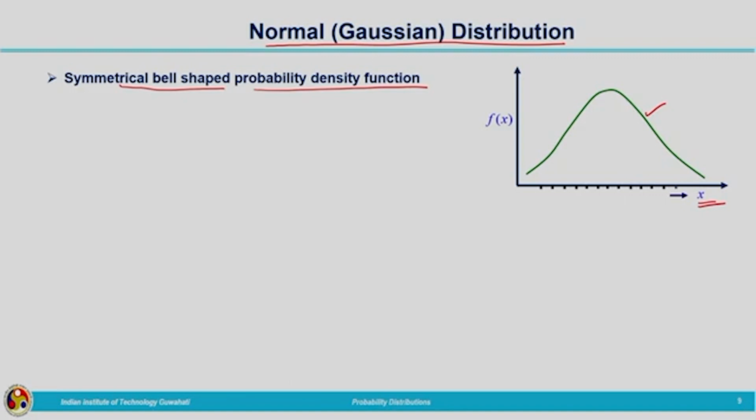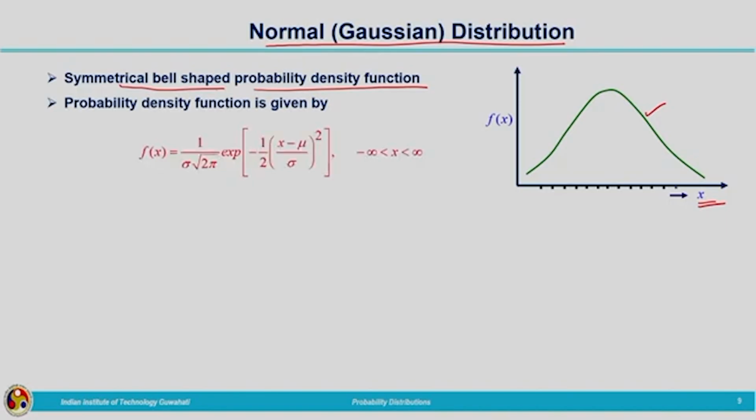This is a symmetrical bell-shaped probability density function and the function is given by f of x is equal to 1 by sigma under root of 2 pi e to the power of minus 1 by 2 x minus mu by sigma all square. The range of this distribution, that is x is between minus infinity to plus infinity.